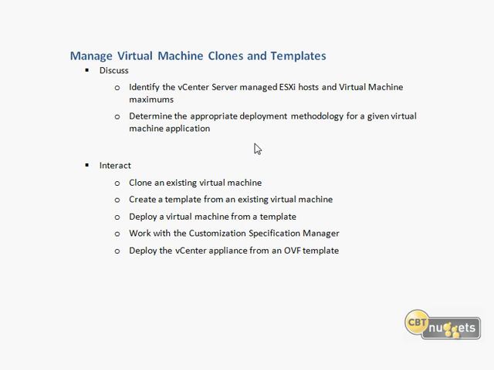Do I create a new VM, or do I create a VM template and deploy from the template? We worked with those virtual machines and we created templates and we deployed VMs from the template. We took a look at the customization specification manager, which links perfectly in when we're trying to involve other people with kind of offloading some of the scut work of virtualization management.